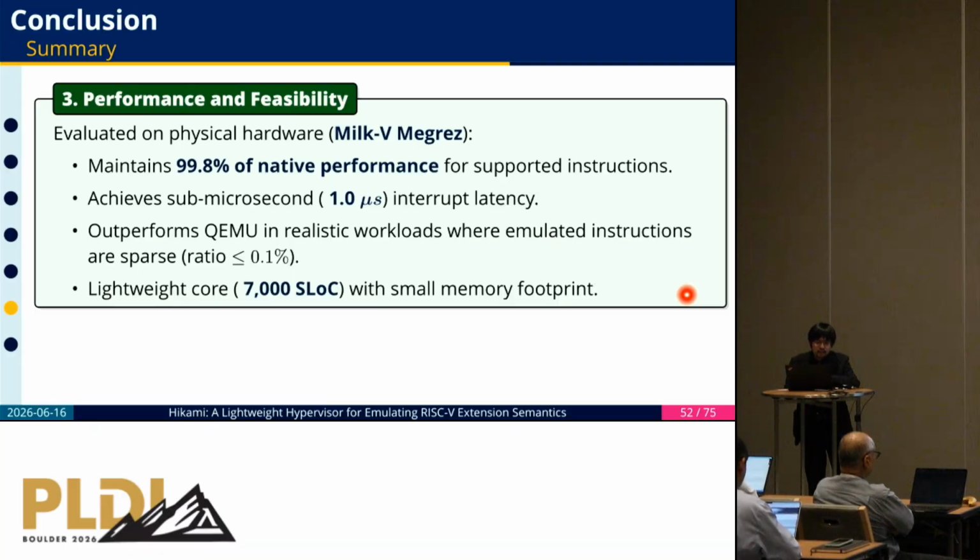Third, and finally, evaluation on real hardware shows our system maintains 99.8% native performance, achieves sub-microsecond latency, and outperforms QEMU in realistic workloads. This lightweight design provides an excellent foundation for testing and retrofitting new extensions. So thank you very much for your attention.